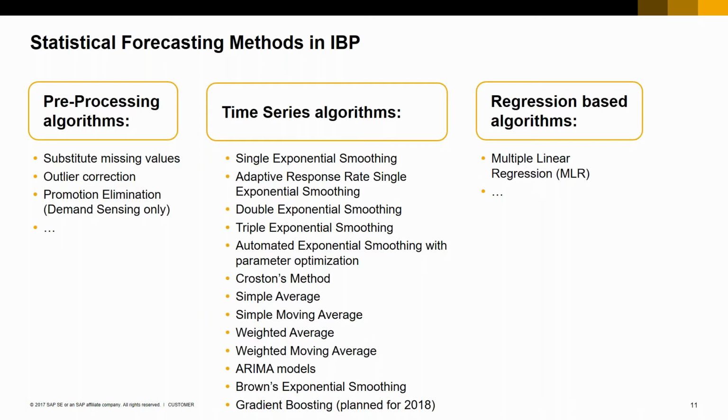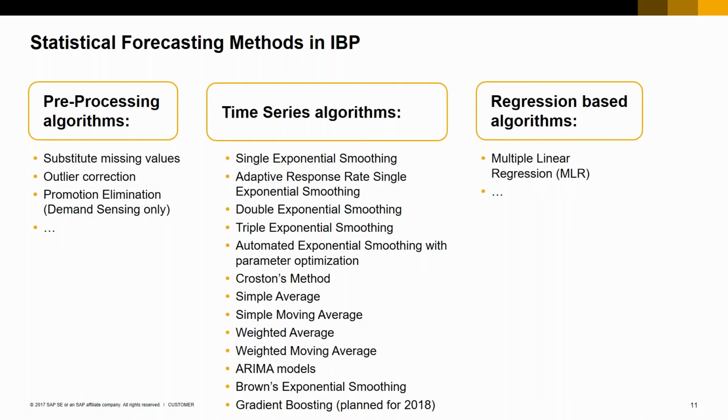This is where I mentioned that we're getting away from all of these being really time series methods. Gradient boosting is actually a machine learning algorithm, a decision tree methodology that can take in multiple, multiple independent demands and other features that you calculate to calculate a forecast. So we're starting to depart a little bit from traditional time series algorithms.